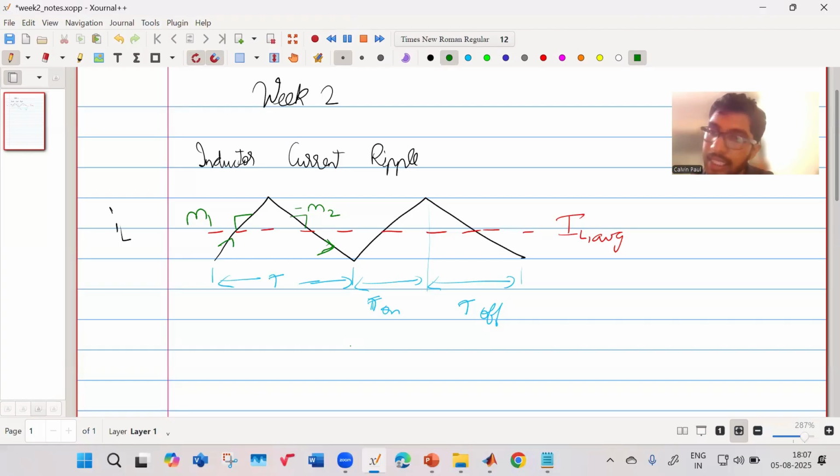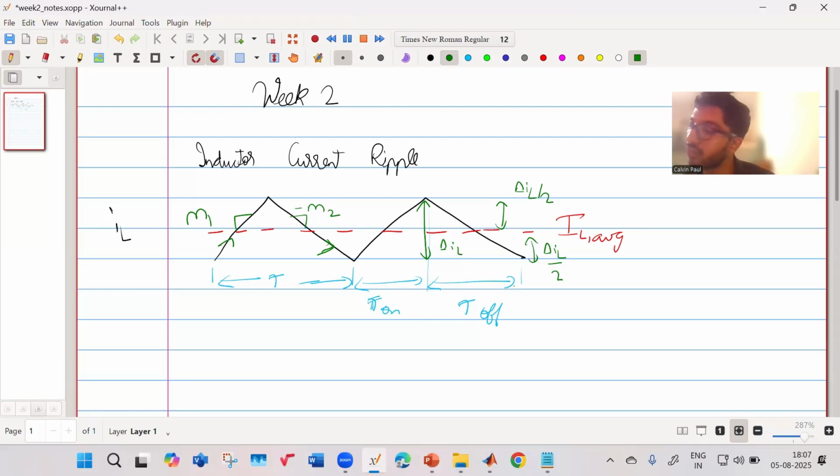Okay, so this is the inductor current ripple, delta IL, and this will be delta IL by 2, the half of the current ripple.